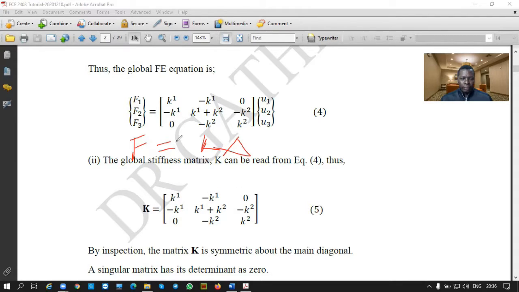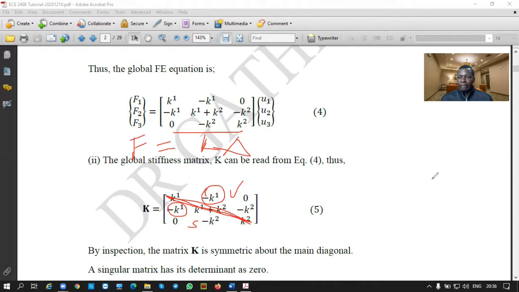So K is this part. By inspection, you are supposed to show symmetry. Symmetry is that this is the main diagonal, so you show us that these and these are the same, or whatever is on this side can be mirrored across the main diagonal.